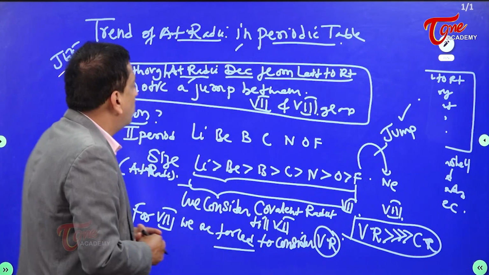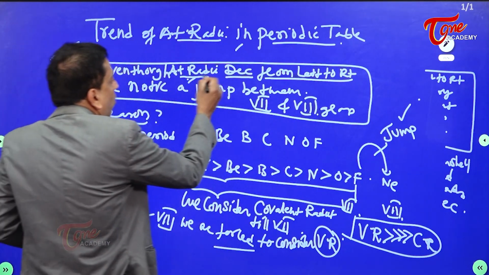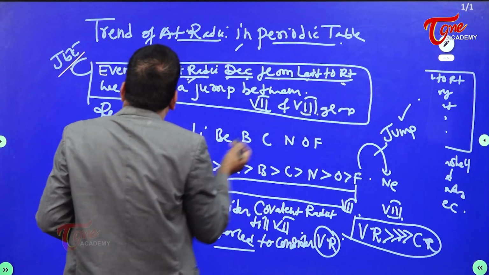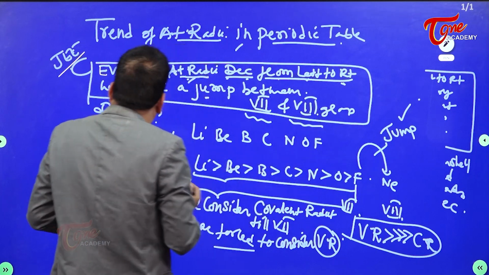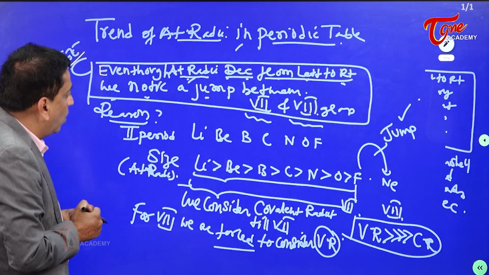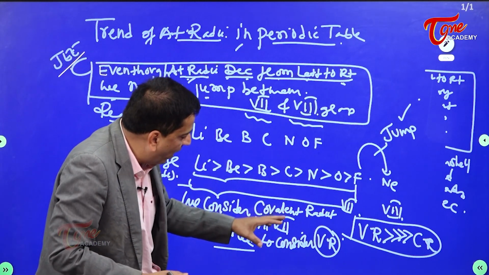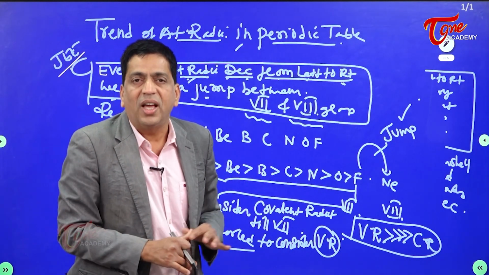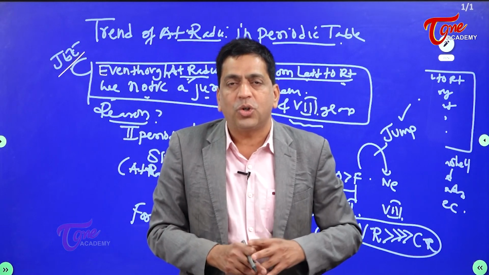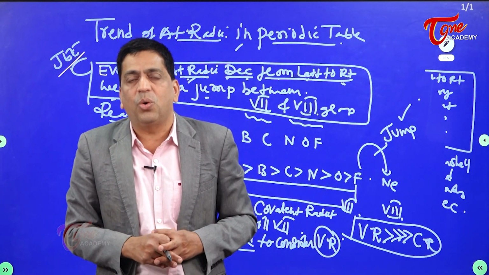So what is the question? Even though atomic radius decreases from left to right, we notice a jump between the 7th and the 8th. What is the reason? We are forced to consider van der Waals radius in the case of the 8th group, which are all inert gases, and van der Waals radius is almost 30% more than covalent radii.